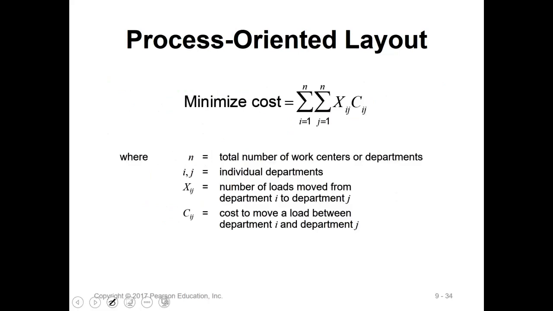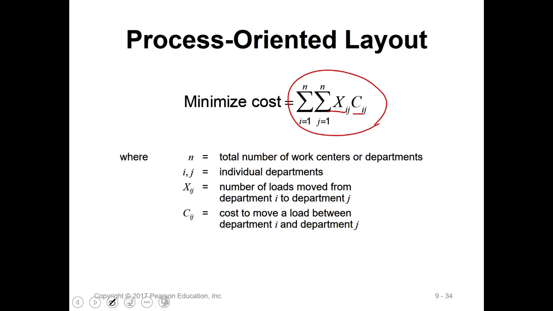Another one is the distance you have to move from one location to another location. So we come up with a mathematical model to try to minimize the cost of this. You have seen sigma i from 1 to n, j from 1 to n, of xij times cij, where xij is the number of loads.